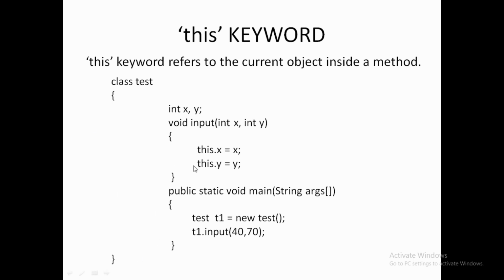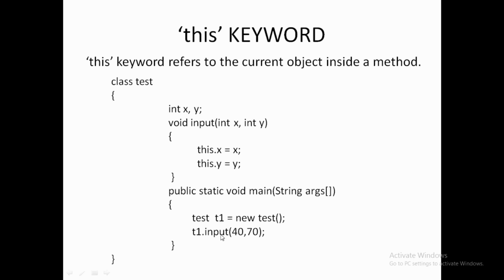You can see in this example the input method of the test class consists of two formal parameters, and the names of these formal parameters coincide with the instance variables. X and Y, the formal parameters, are also X and Y, the instance variables of the class test.